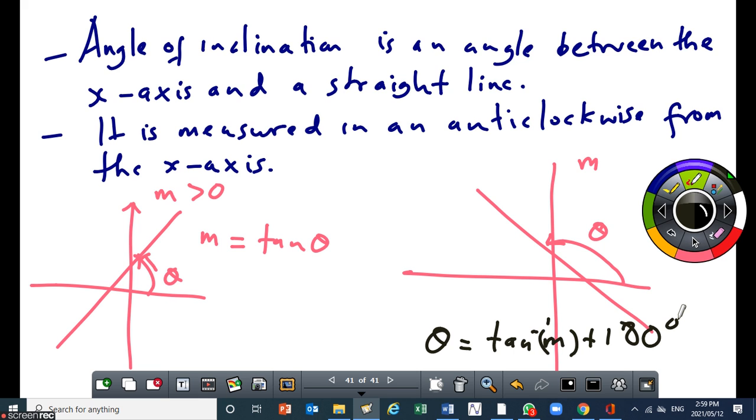So you need to remember this. Here m is less than 0. Before you answer that question, you need to be aware of this. You have to know your definition of angle of inclination, the two formulas that are used to determine the angle of inclination before you start answering the question. So this is more like a recap of what you have done.